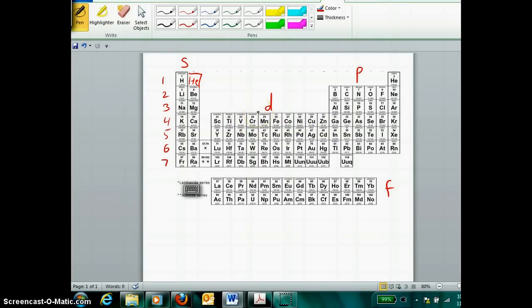And the way you have to remember that is, don't forget how many of these 4 sublevels you can have depends on which energy level you're talking about. If you're in the first level, you can only have 1 sublevel, S. If you're in the second principal energy level, you can have 2 sublevels, S and P. So it's when you hit the third energy level that you can have 3 sublevels, S, P, and D.